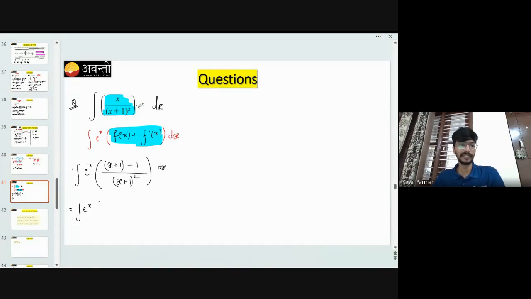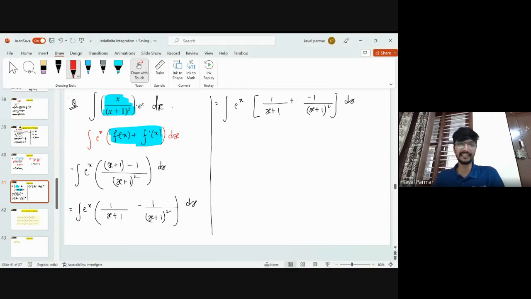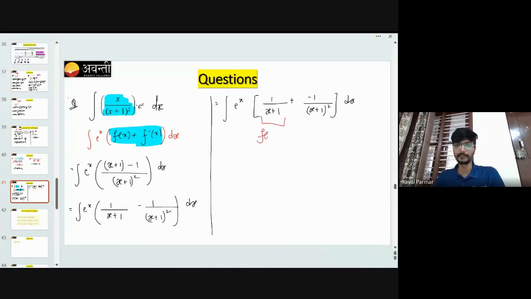If I split the numerator, I will get 1 upon x plus 1 minus 1 upon x plus 1 the whole square. Now, I can further simplify this as integration of e raised to x times 1 upon x plus 1 plus minus 1 upon x plus 1 the whole square dx. Now, if you can see clearly, this is f of x and this with negative sign is f dash of x. You can try: if I differentiate this, I'll get this.